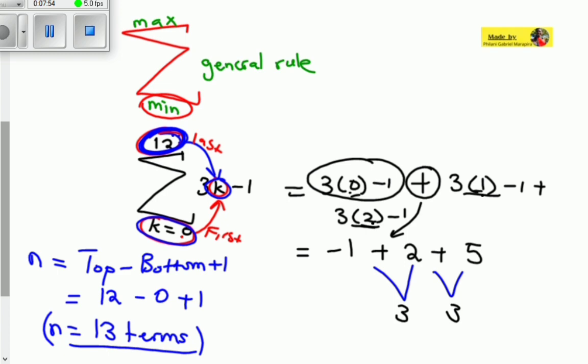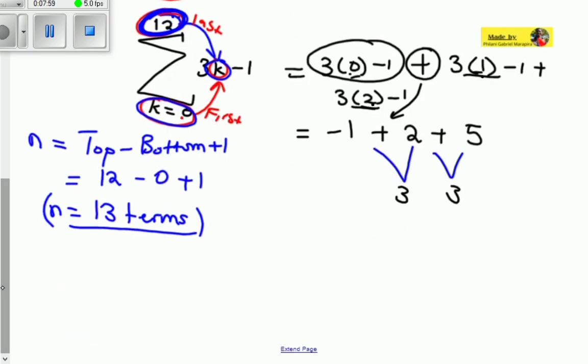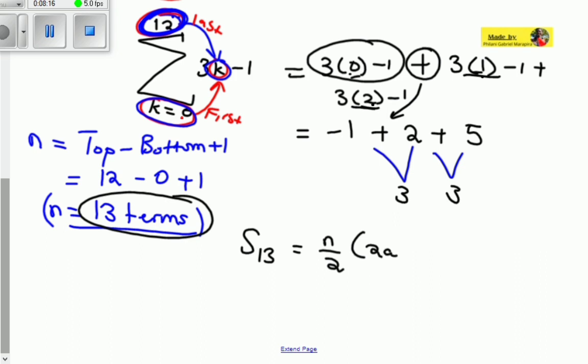So if you are done expanding this sigma, what are you going to do? You are going to substitute it into the sum formula of an arithmetic sequence. Here you have found out already that your number of terms is 13. So the sum of the first 13 terms is going to be equal to n over 2, remember that this is our formula, times 2a plus n minus 1 multiplied by d.